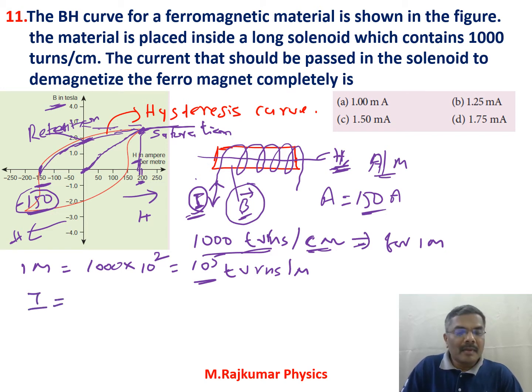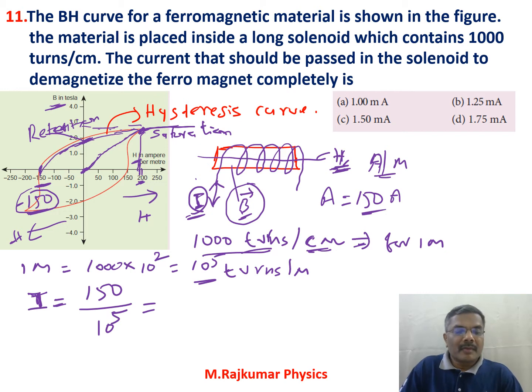The current needed is the 150 obtained from the graph divided by 10 power 5. This gives the value of current that should be passed through this coil, in the opposite direction, so it will get demagnetized at this particular value, minus 150.